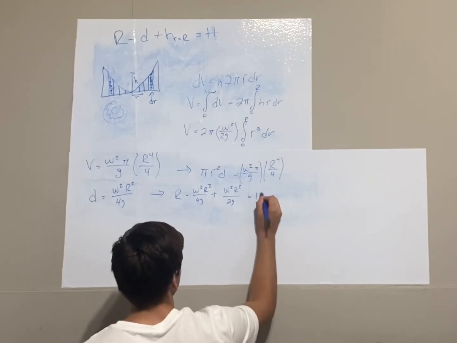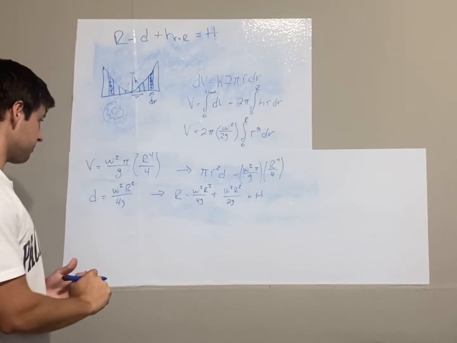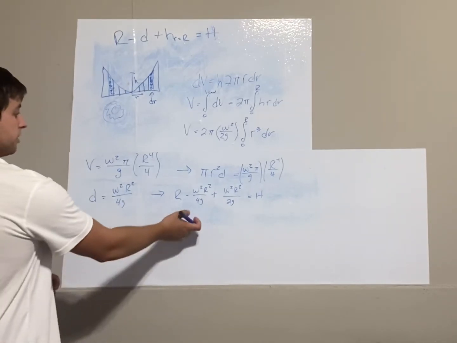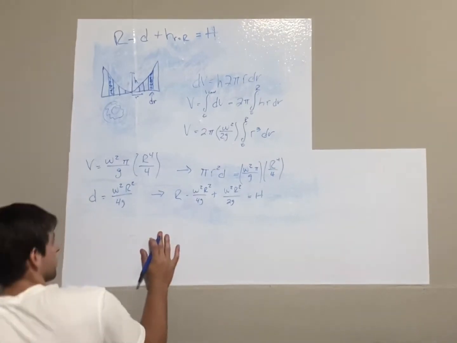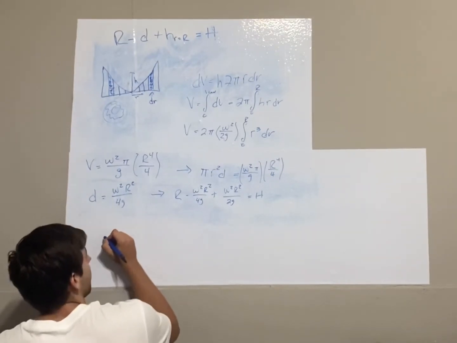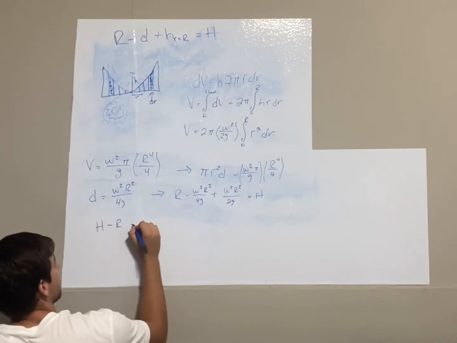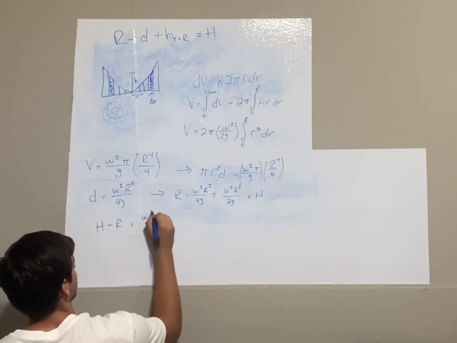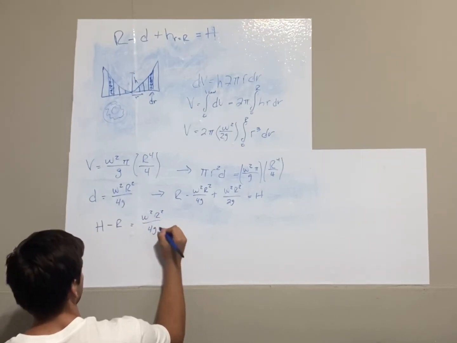And all that is going to be equal to the height of the cylinder. So from here, all there is left to do is to solve for omega. So to start, we are going to have H minus R is equal to omega squared R squared over 4g.